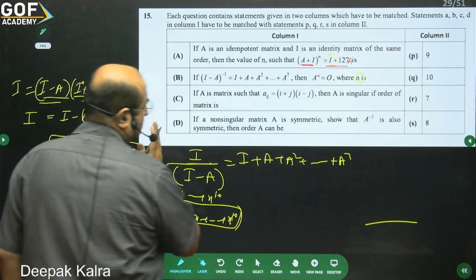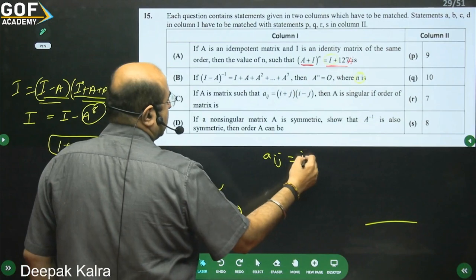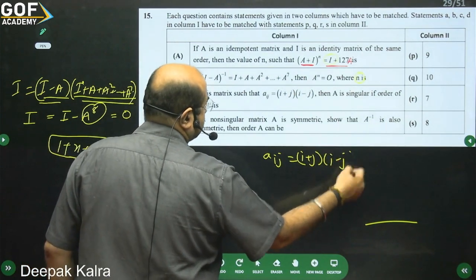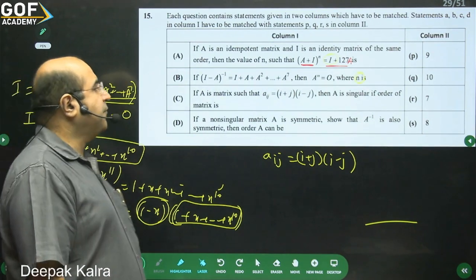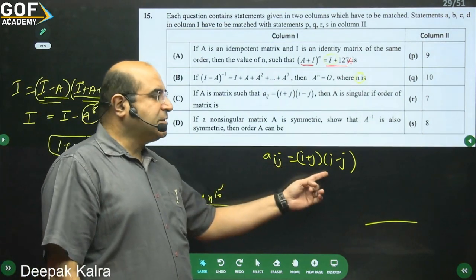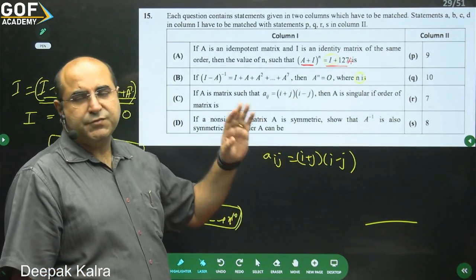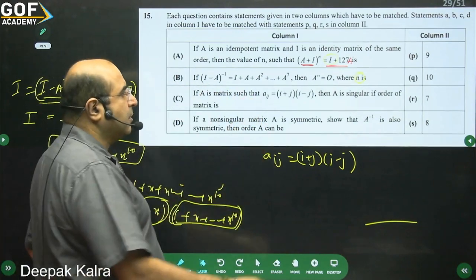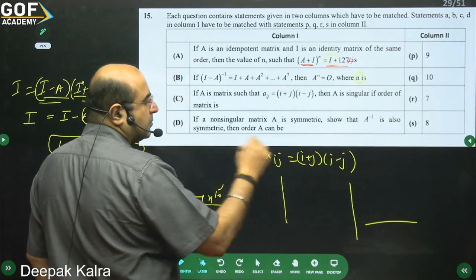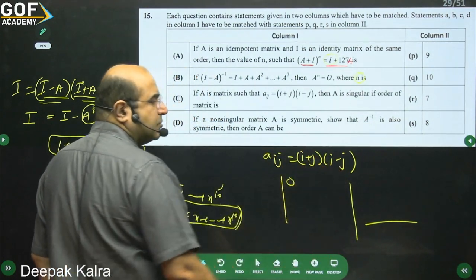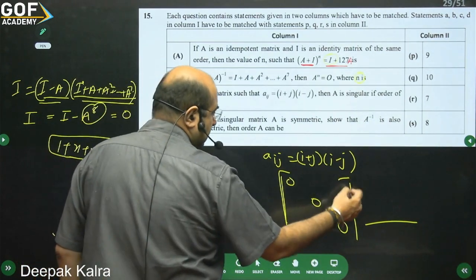Next. It's very important and easy. Aij equals i plus j multiplied by i minus j. A is singular if order of matrix is. You understand? If I take any matrix 3 cross 3 or 2 cross 2 or 5 cross 4 or 5 cross 5 or 4 cross 4. So what I want to say, let us suppose 3 cross 3 if I take. First term becomes 0, i equal to j. This is the matrix I am writing.